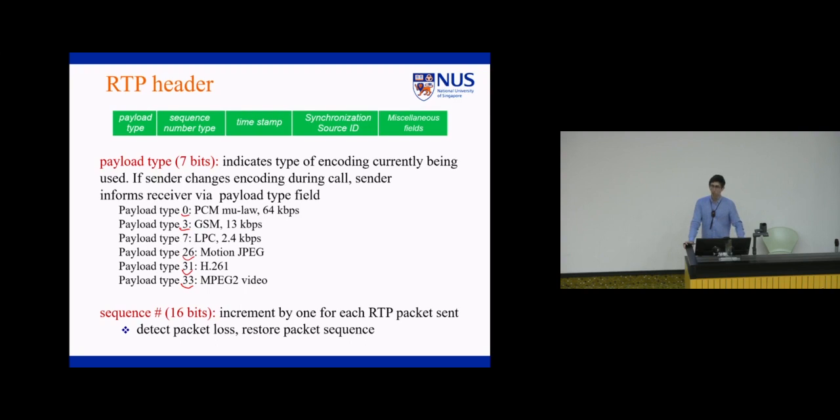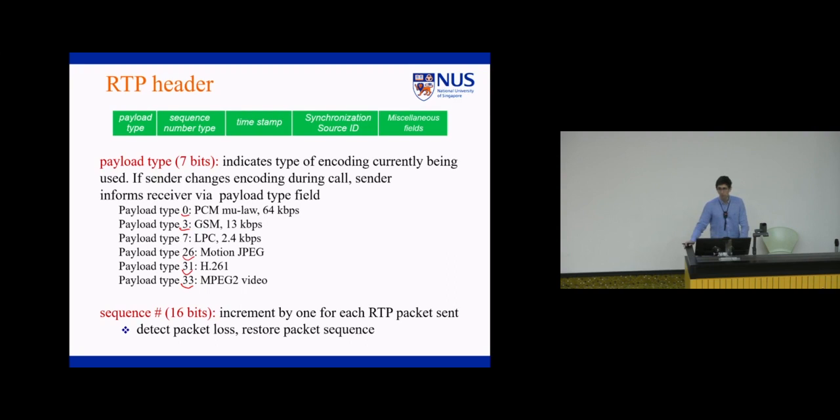So this is a perfect example of that. Although UDP does not have sequence numbers and doesn't ensure ordered delivery, we can build RTP on top of UDP to ensure ordered delivery if you need it. I'm not saying it is always guaranteed, but if you want, you can build an application that will ensure ordered delivery of packets.